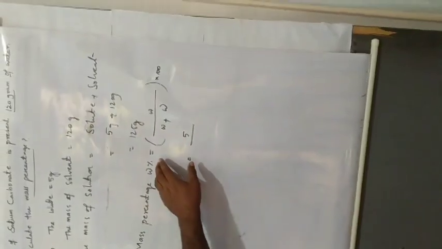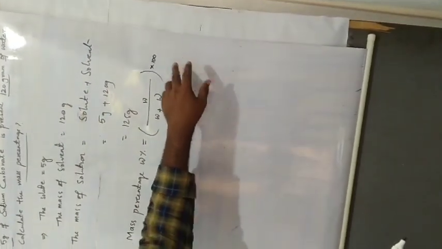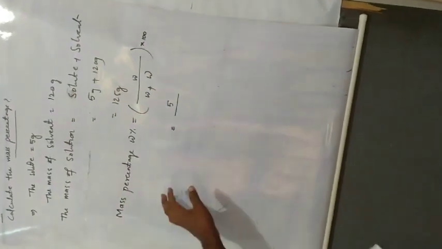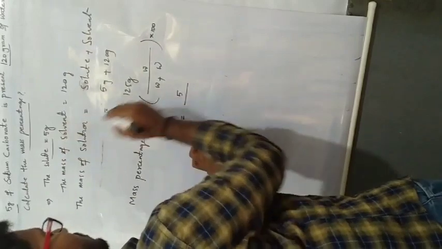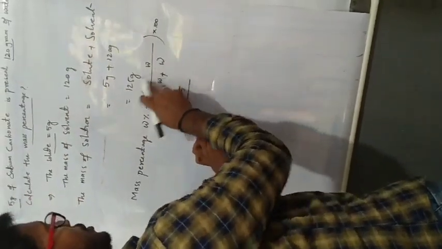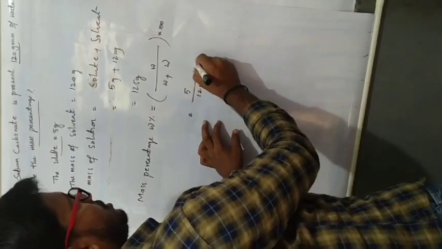Mass percentage W equals weight of solute by weight of solution into 100. So what is the weight of solute? The solute they gave is 5 grams, and the weight of solution is 125 grams, into 100.